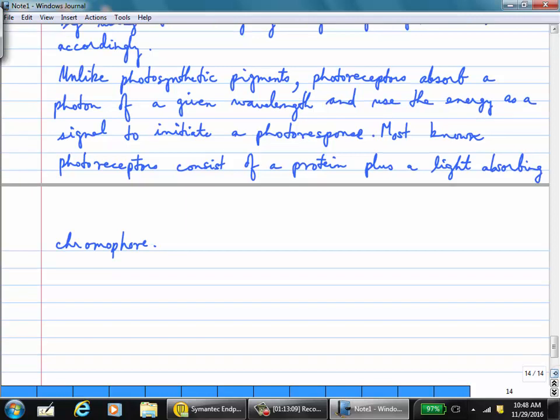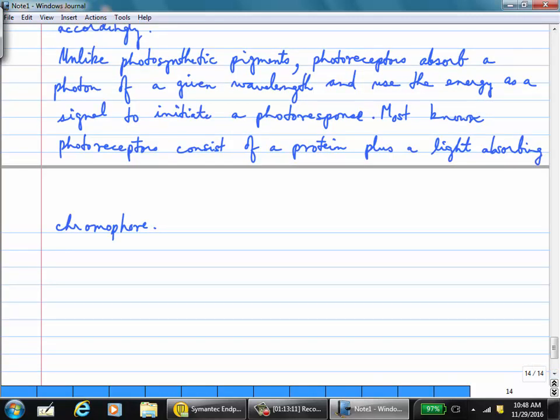And if you look at a photoreceptor, this is just some terminology. If you have the protein plus the chromophore, that is called the holoprotein. Without the chromophore, it is called the apoprotein. So just some terminology. Again, nothing to memorize because this is not going to show up on the test.